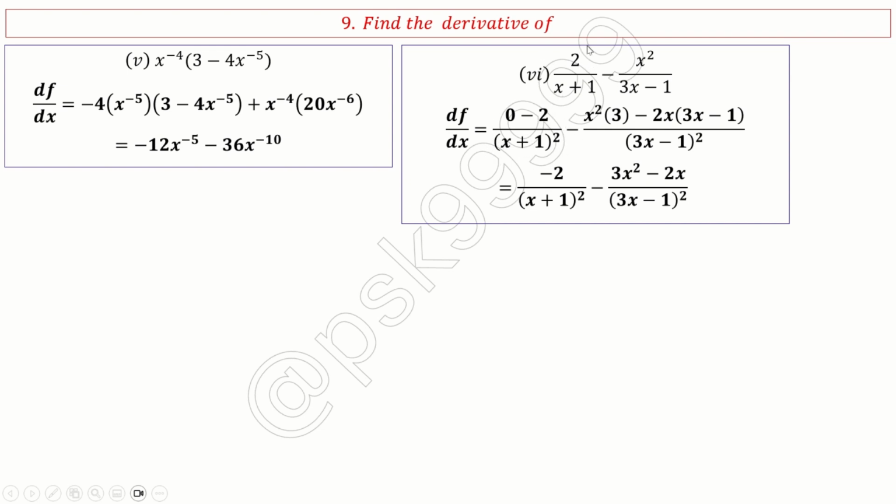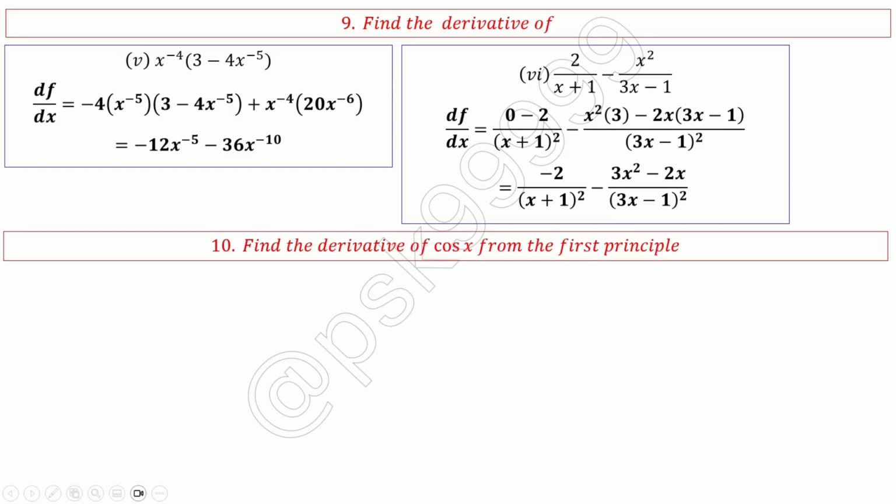So this is my first term differentiation, minus second term: x square into differentiation of denominator, which is 3, minus differentiation of x square, which is 2x, into 3x minus 1. You simplify this, this is what you will get. This is the overall differentiation.